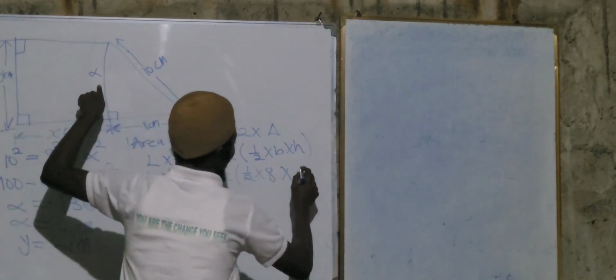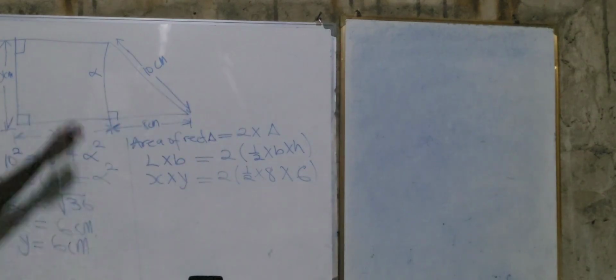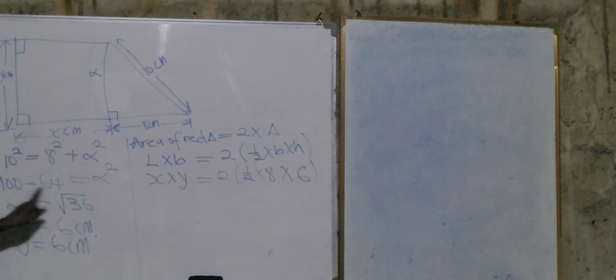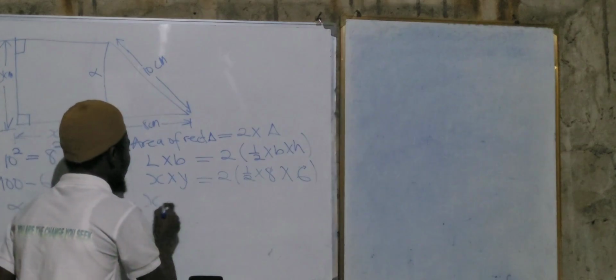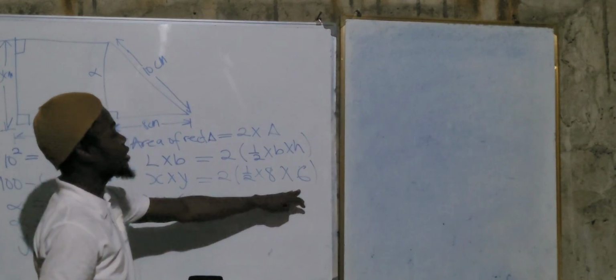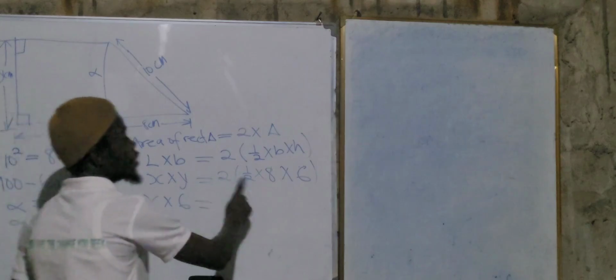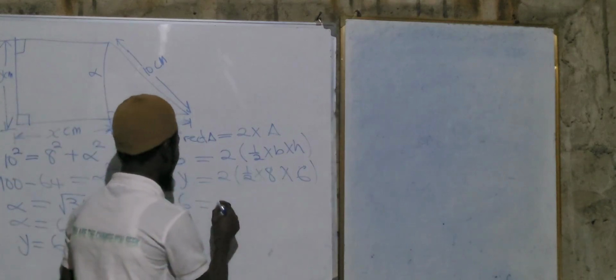The height is 6, right? Are you okay now, sir? Good. So let's go. X here times 6 equal to everything here. 6 times 8 is 48, right? Because this and this we cancel, so everything is 48. Are we okay here?